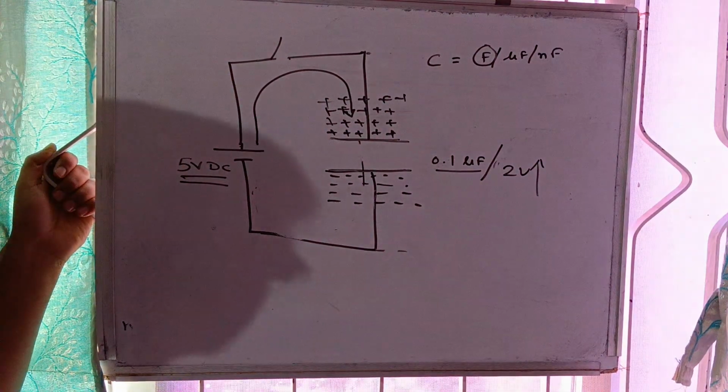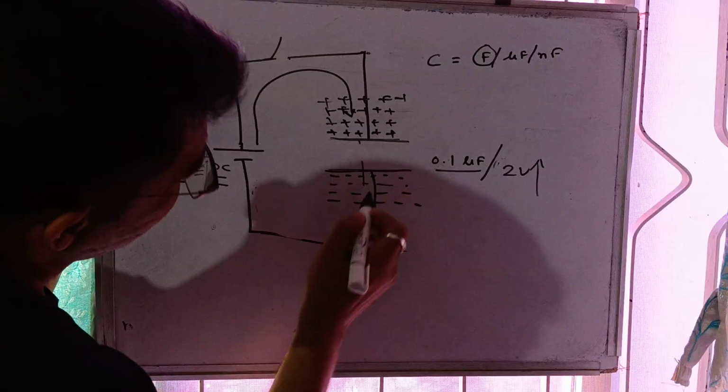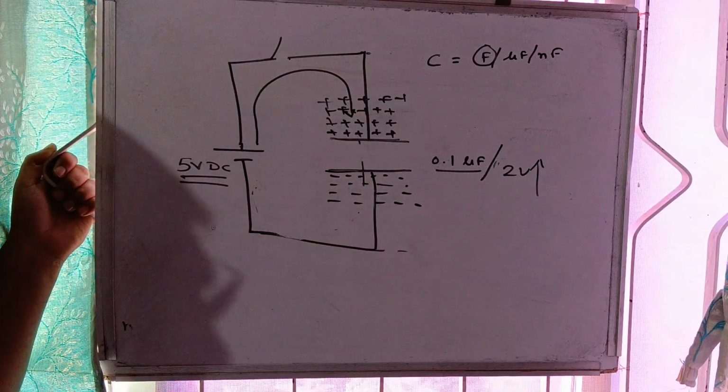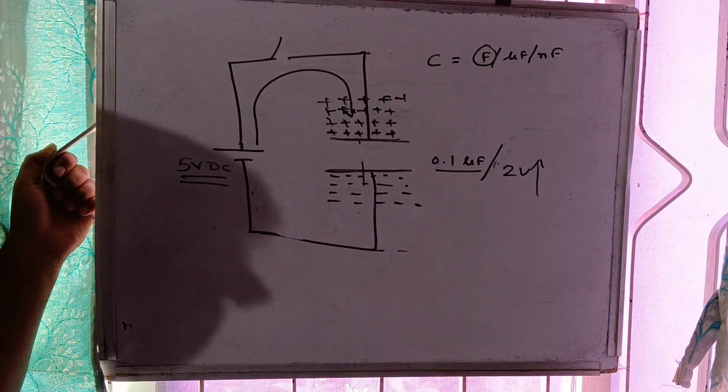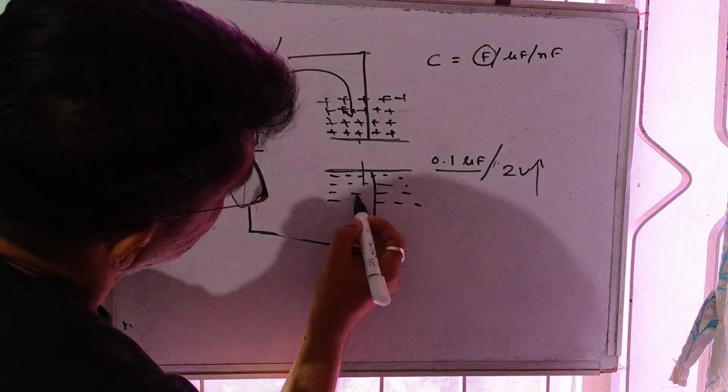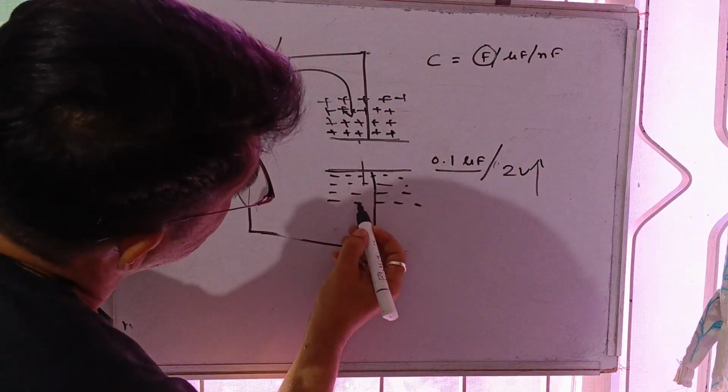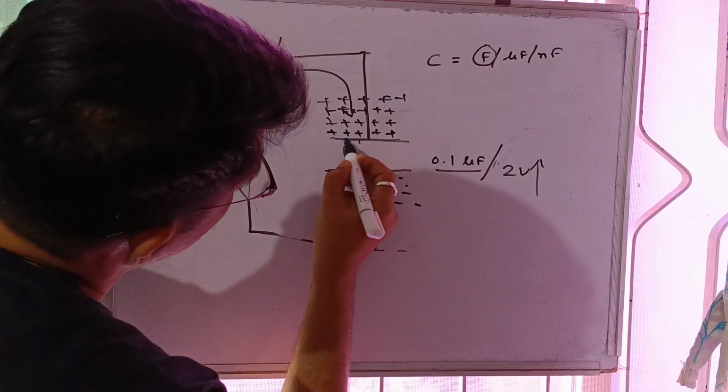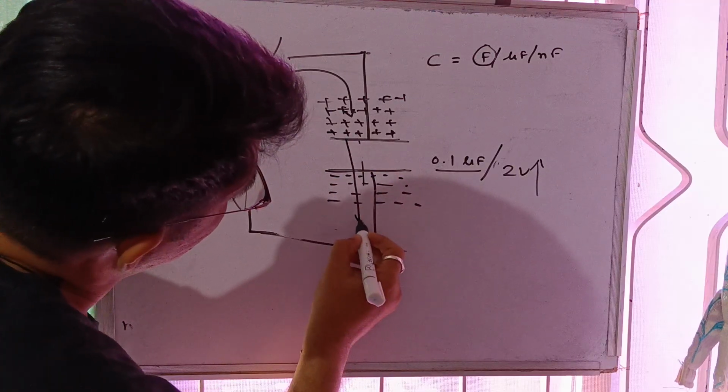greater than 2 volt. So this positive will attract this negative, and due to that there is a flow, or you can say an exchange will take place.